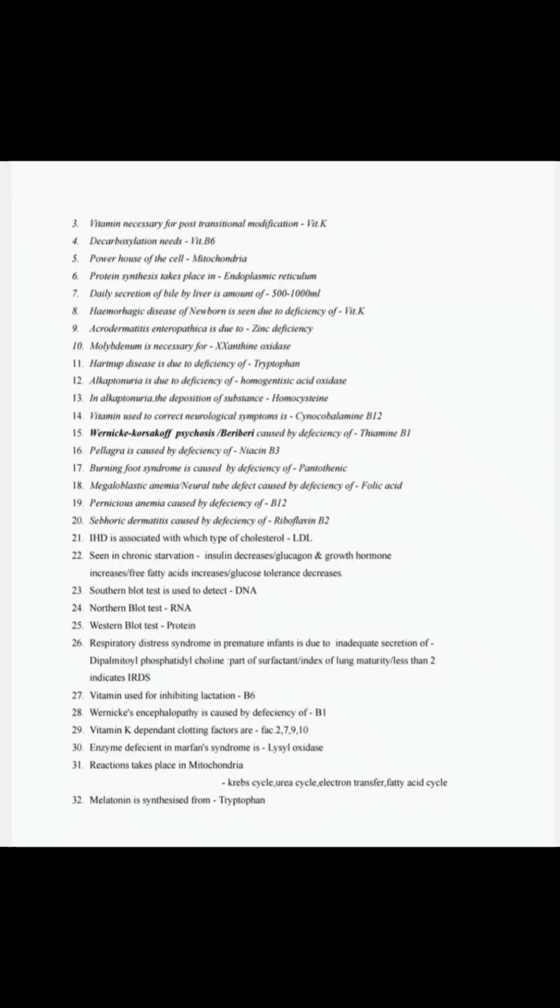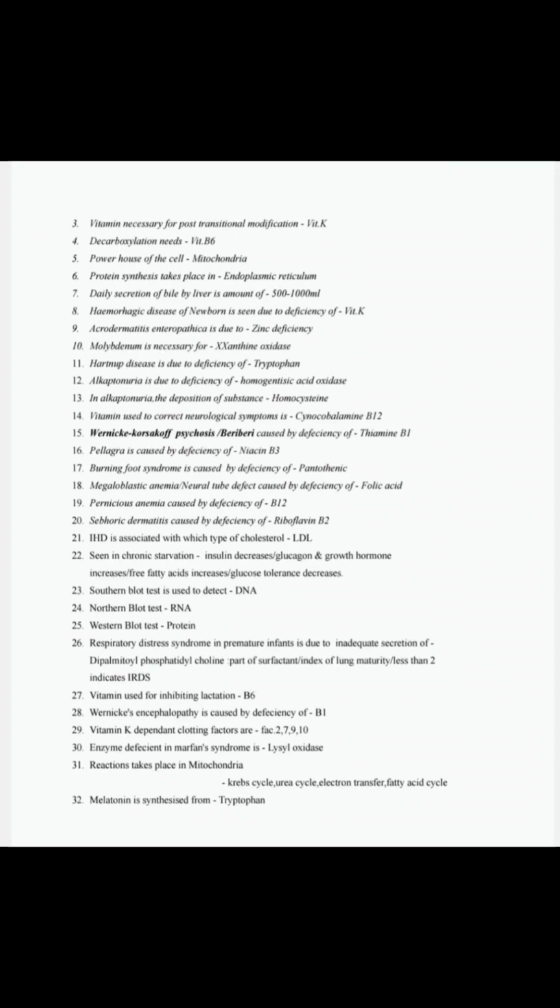So if someone asks what B6 is called, maybe the examiner plays a trick and mentions another name of B6. So be careful, the second name of B6 must be known to you.